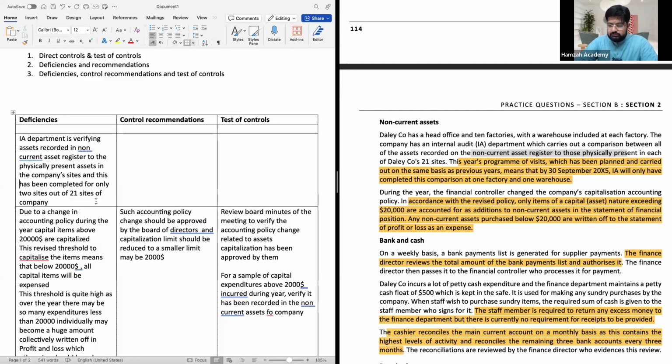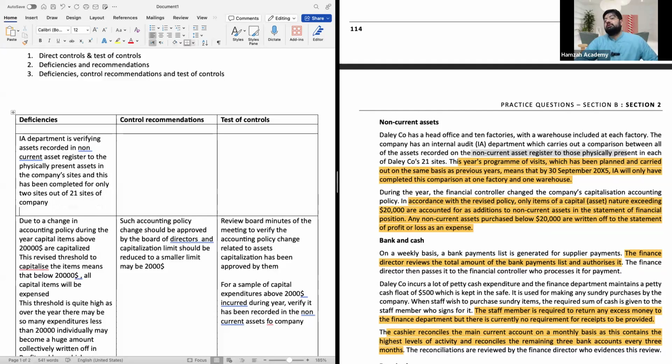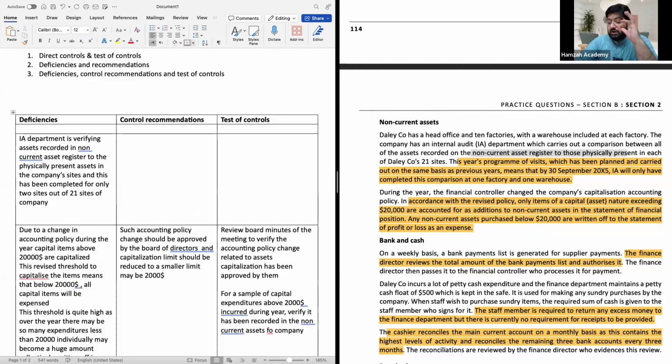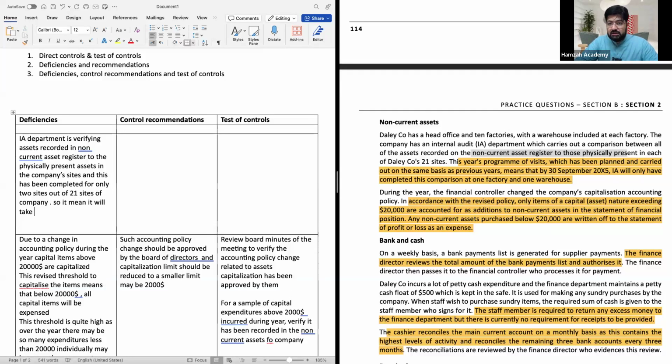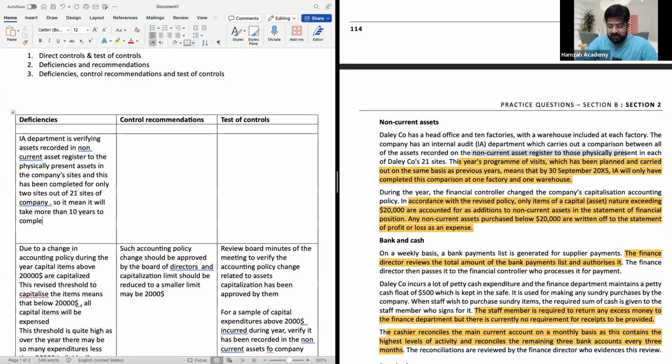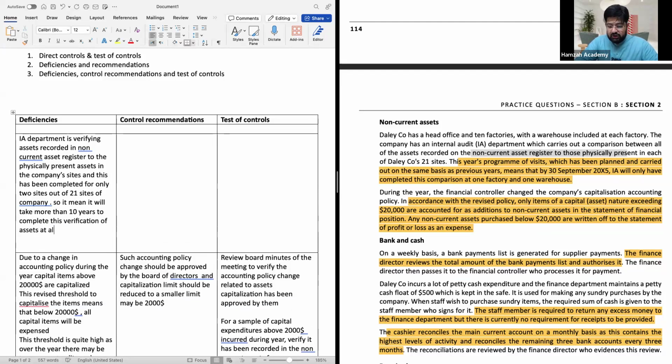Now, next. Now, this is identification. Now, explanation. It means it will take more than 10 years to complete this verification of assets at all sites.